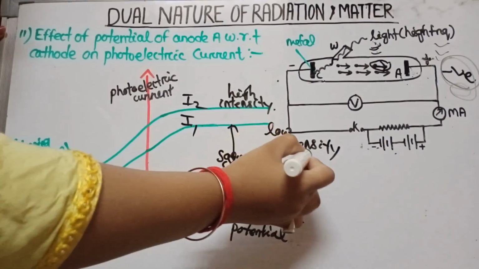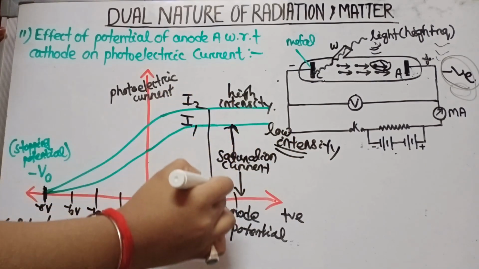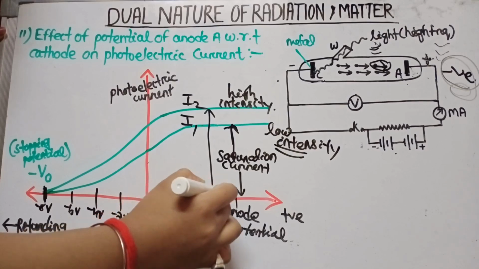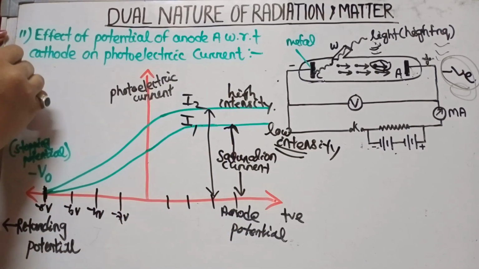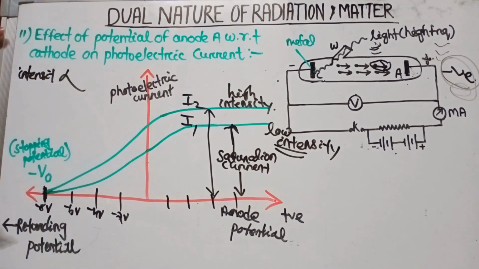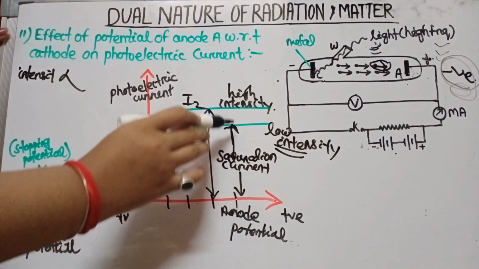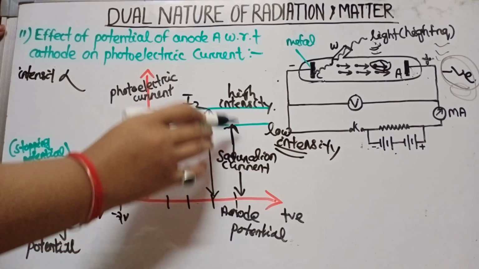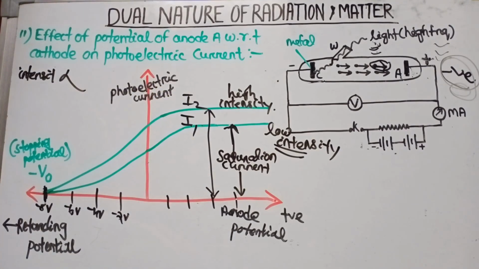For low intensity the current is less, but for high intensity the saturation current is high, because intensity is directly proportional to photoelectric current. But the stopping potential is constant.